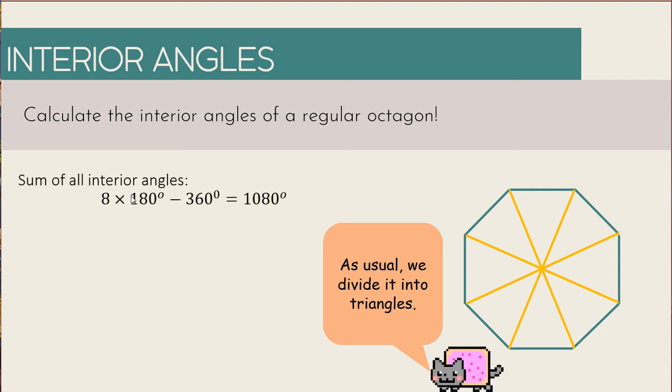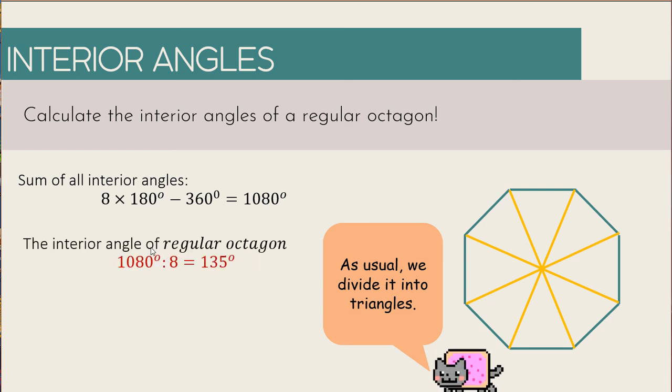We know that the sum of all interior angles is calculated as follows: 8 times 180 degrees minus 360 degrees equals 1080 degrees. So the interior angle of a regular octagon is 1080 degrees divided by 8 to have 135 degrees.